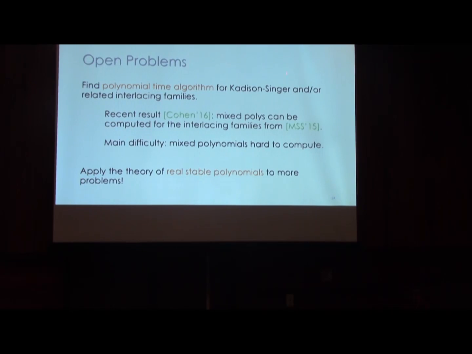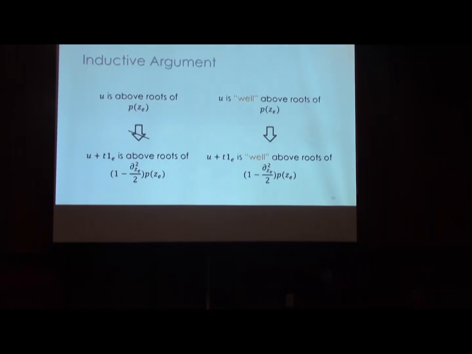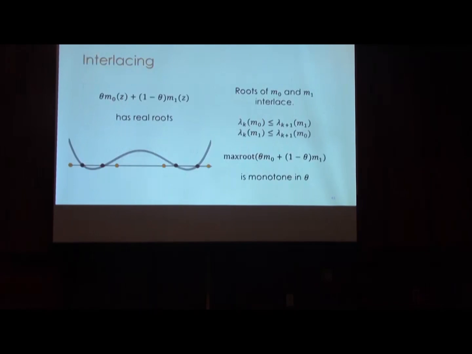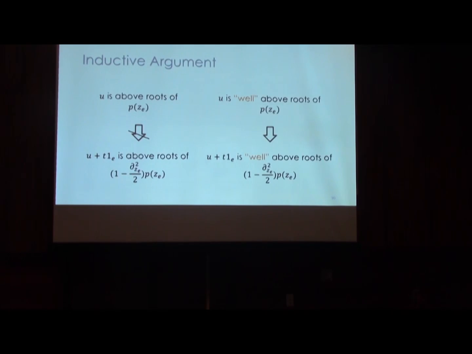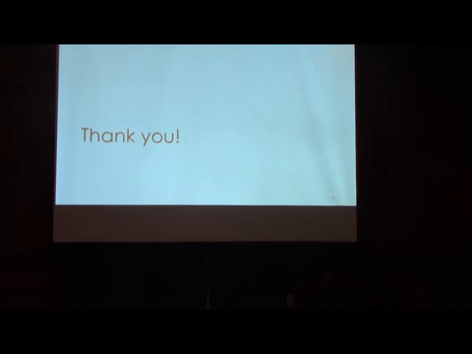Following the path in the interlacing tree is generally non-algorithmic, because for many interesting cases you can't actually compute these mixed polynomials. You can actually show that in some interesting cases, these mixed polynomials become matching polynomials, which are hard to compute exactly. So that's the main difficulty of making this machinery algorithmic.